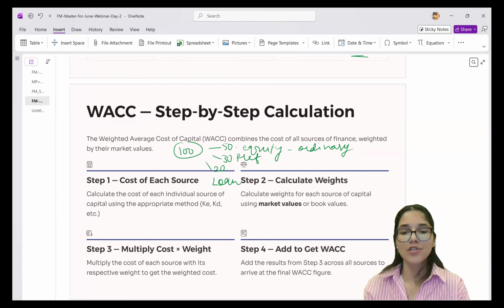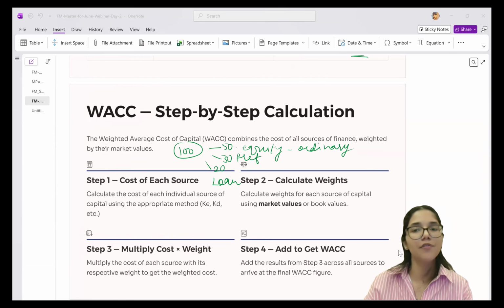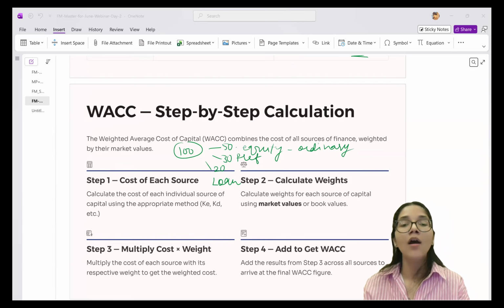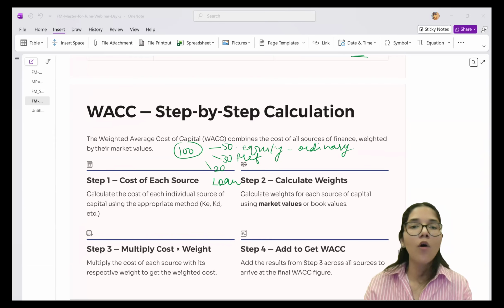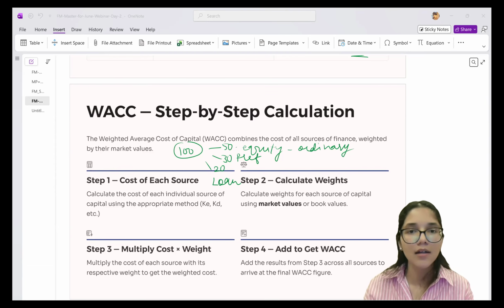So many different sources of finance that the company is using, and the costs are also very different. Cost of equity will be different from the cost of preference shares, from the cost of loan notes. So as a company, how do you get to know exactly how much return is needed to at least pay for the costs on time, paying the interest on the loan notes, paying the preference dividend to the preference shareholders, and ultimately also compensating the shareholders for the risk that they are taking at the company?